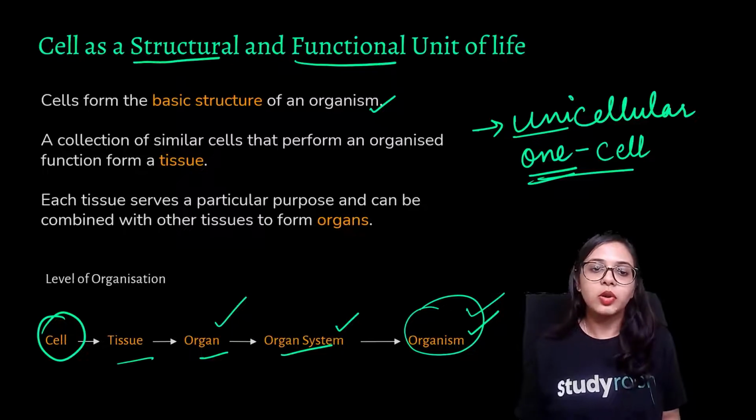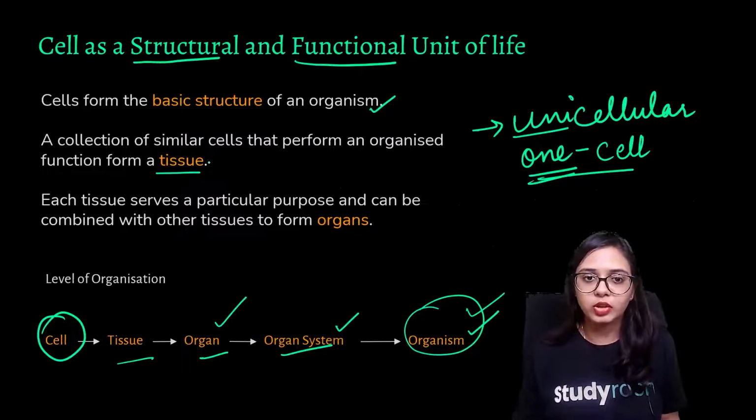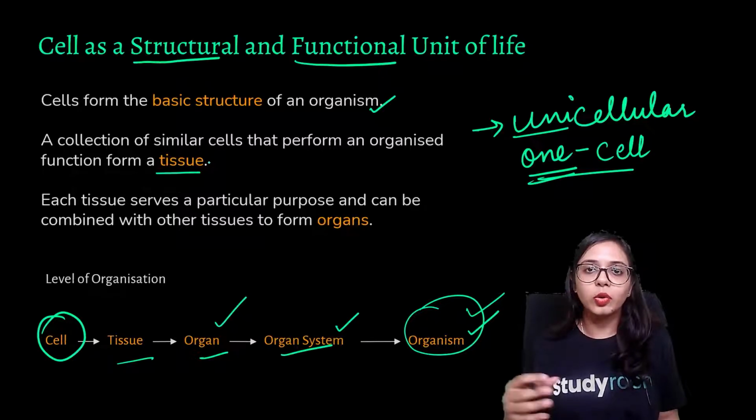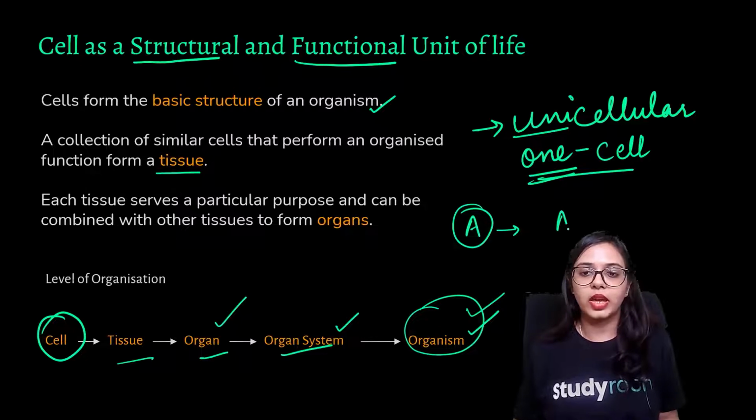All right. So a collection of similar cells that perform an organized function form a tissue. Okay, tissues, generally speaking, are made of similar cells, that is, cells which have the same structure and perform the same functions. All right. So tissues could also be clubbed together from different kinds of cells. Okay. So for example, say a category of A cells forms A tissue.